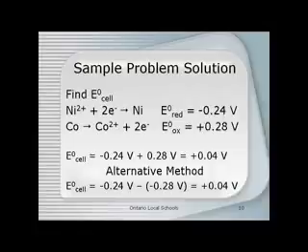The alternative method would be to take the standard reduction potential at the cathode, which is minus 0.24 volts, minus the standard reduction potential at the anode, which is negative 0.28 volts. So minus 0.24 volts minus negative 0.28 volts gives us the energy of the cell under standard conditions as plus 0.04 volts.